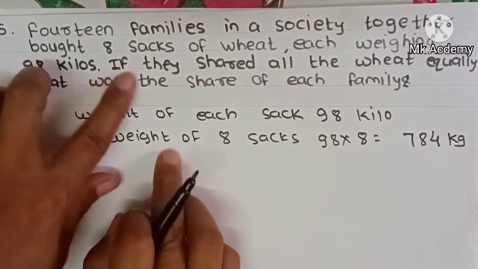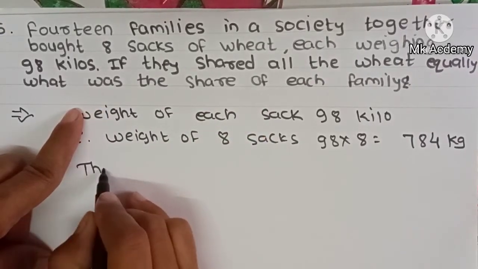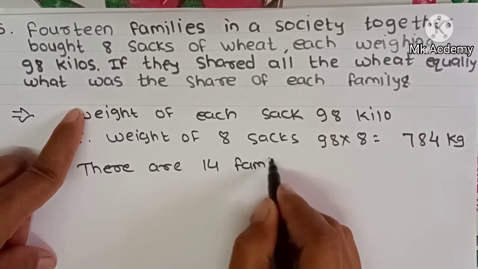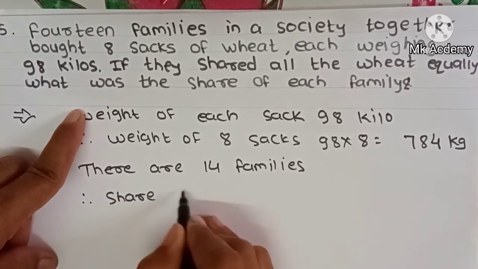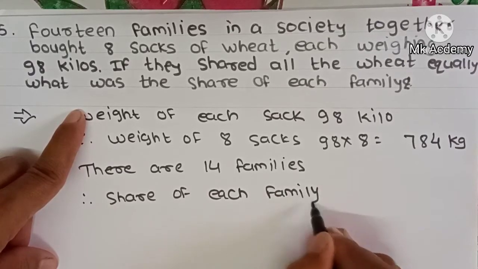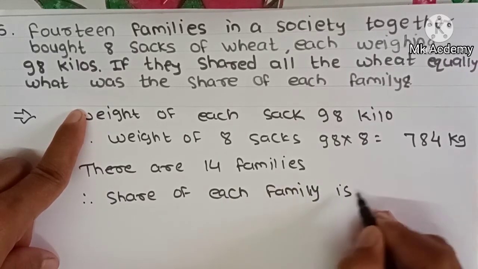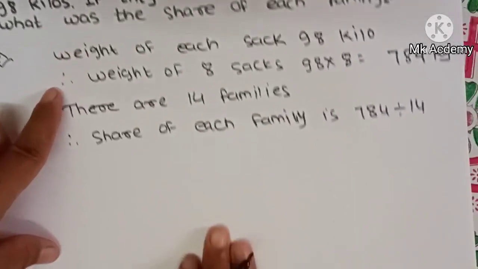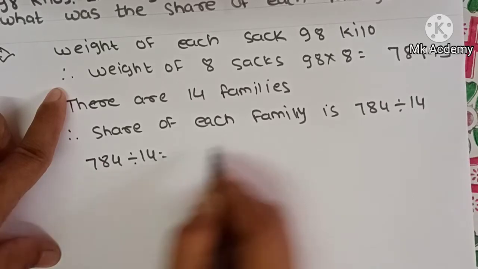Now, if they shared all the weight equally, what was the share of each family? There are 14 families. Therefore the share of each family is 784 divided by 14. Now here we do division.